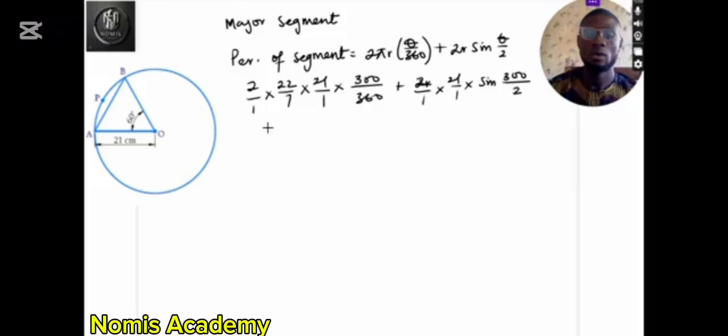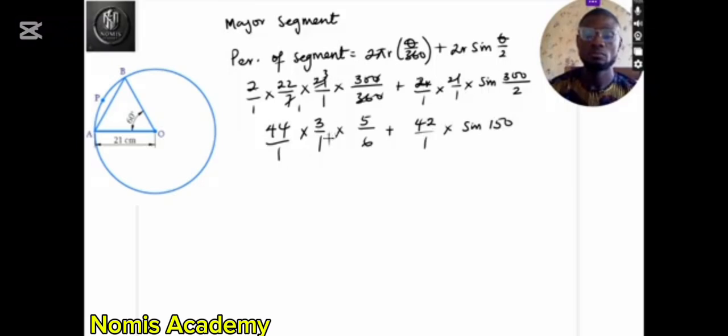So we are going to have 2 times 22, 44 over 1, 7 here 1, 7 here 3, so multiply by 3 over 1, multiply by, so 0 cancel 0, 6 here 5, 6 here 6, so plus we have 2 times 21, that's 42 over 1 multiplied by sine 150.